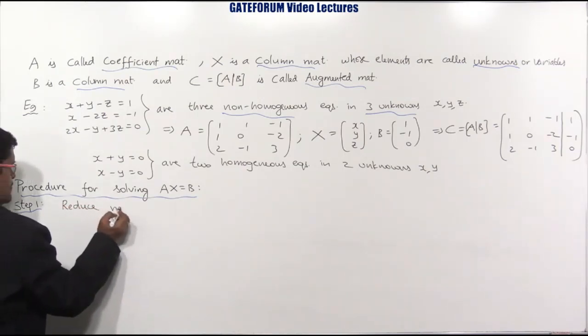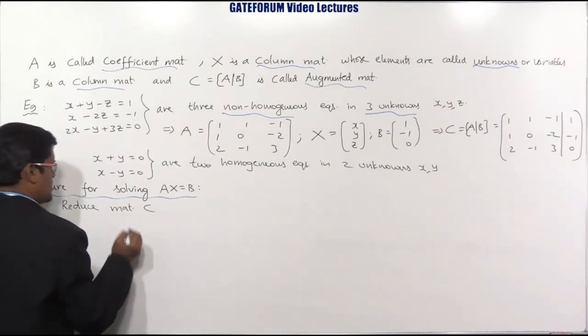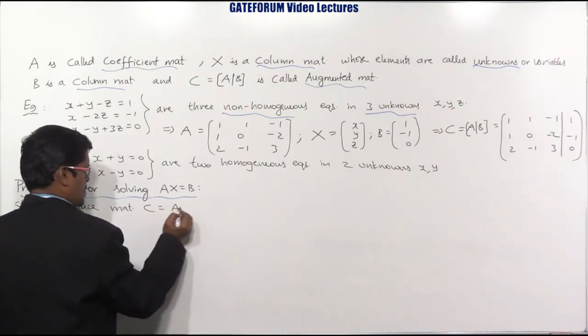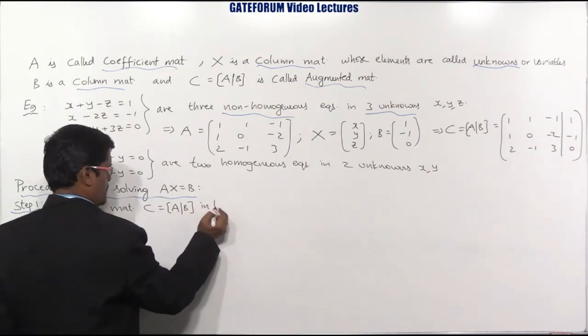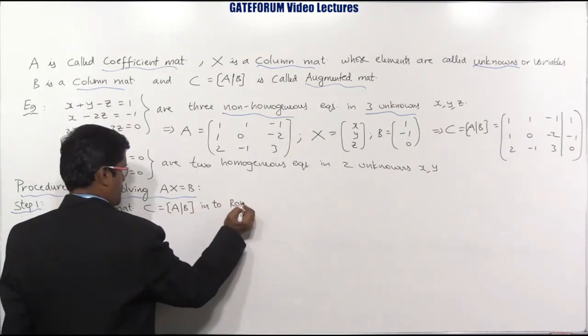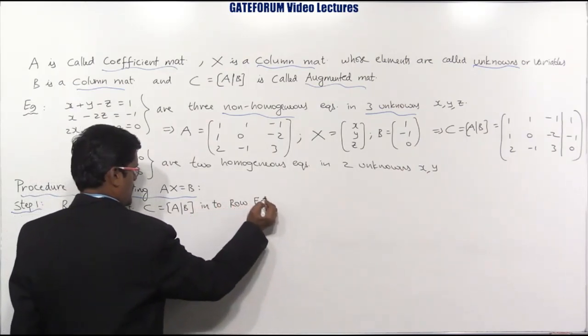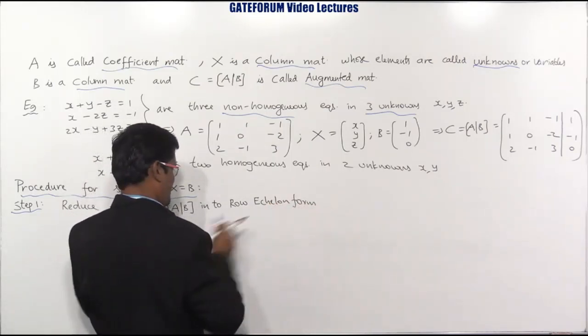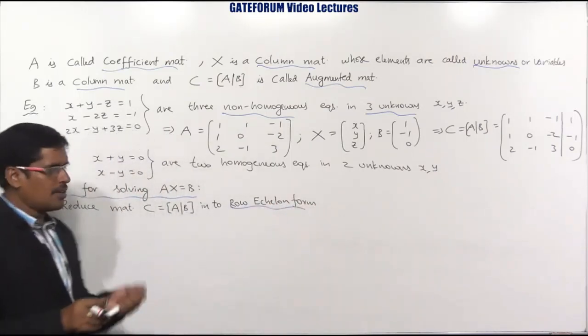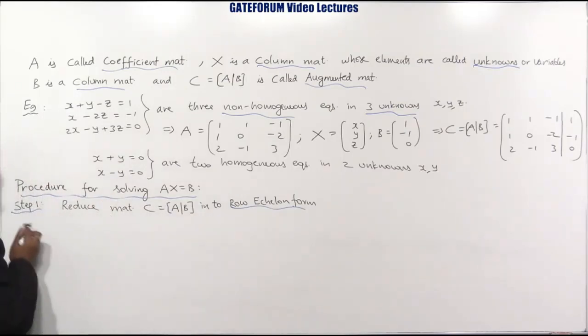Reduce matrix C, that is A by B, into row echelon form, which we have learned by 3 examples in the previous definition.